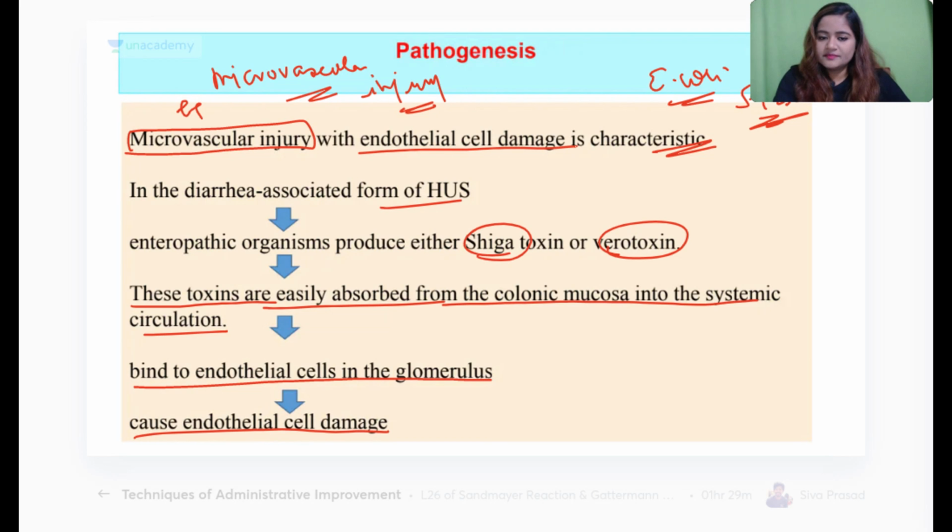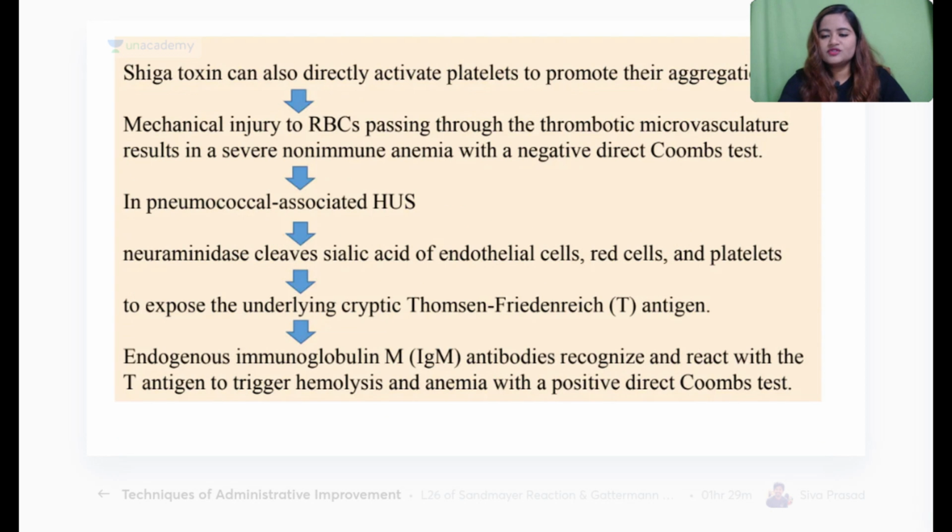So the direct mediated injury from the Shiga toxin or verotoxin that leads to damage to the endothelial cells in the glomerular. जिस डैमेज के ऊपर आपके फिब्रिलर मटेरियल डिपॉजिट हो जाएंगे, एक प्लेटलेट फाइब्रिन माइक्रोथ्रोम्बाई बन जाएगा, which is going to block the vessels and cause renal injury. This is the whole pathogenesis that occurs. So this Shiga-like toxin can directly activate the platelets to promote their aggregation also.